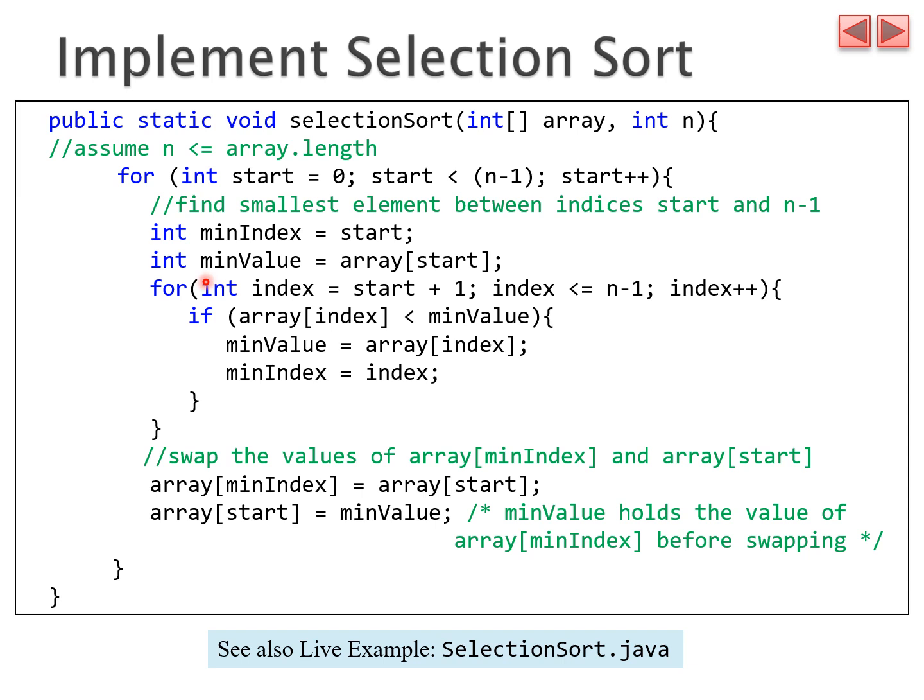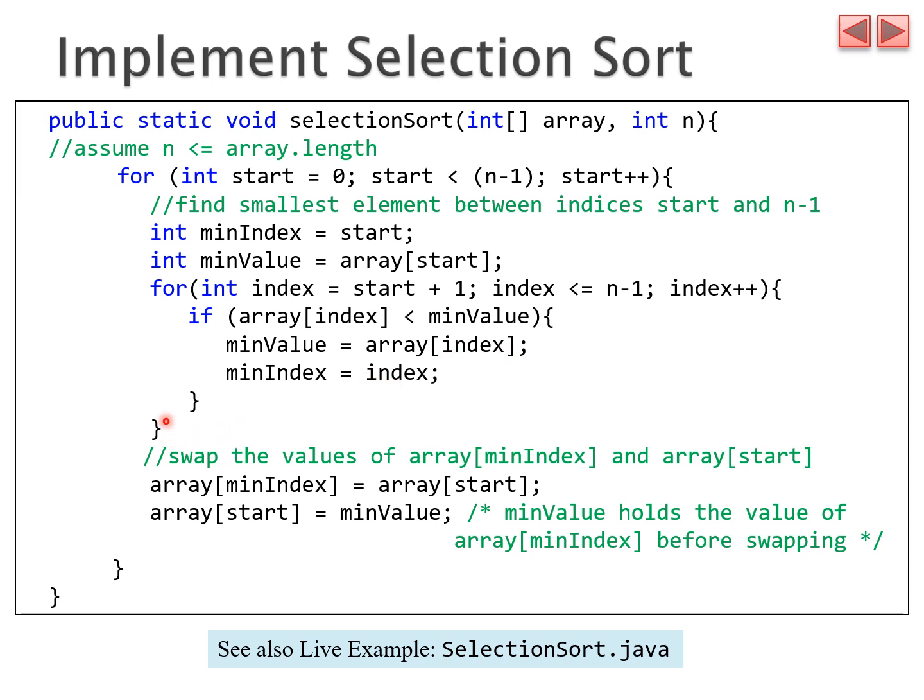Then we use the for loop to loop through the remaining elements in the unsorted segment to update minIndex and minValue. Whenever we find an element that is less than minValue, we update minValue to be equal to that element, and we also update minIndex to be equal to the index of that new element.